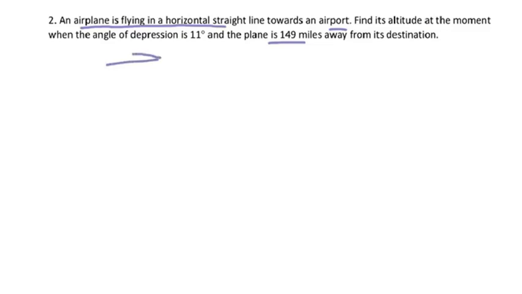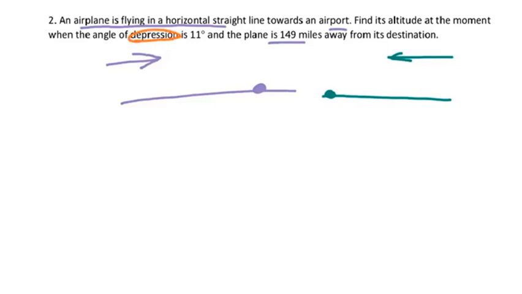Suppose this is the airplane. Then here is the destination. The airplane is flying this way. So we have this destination.